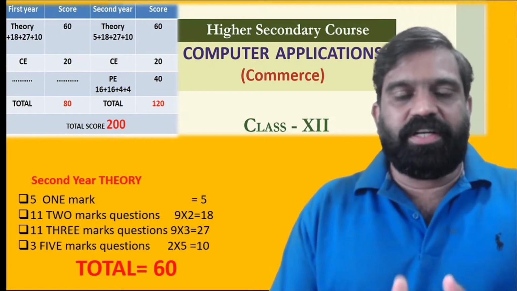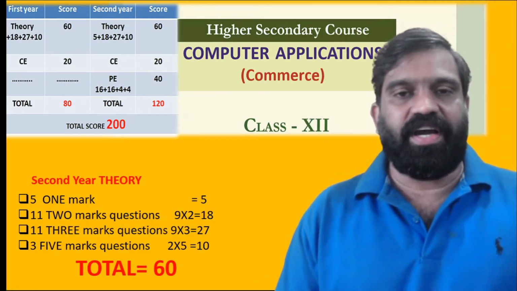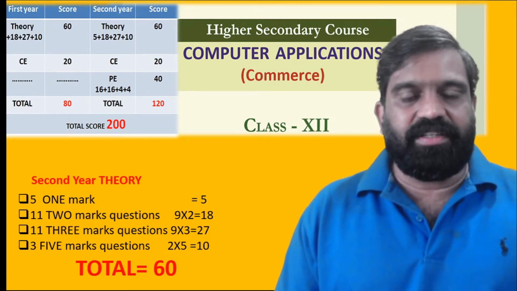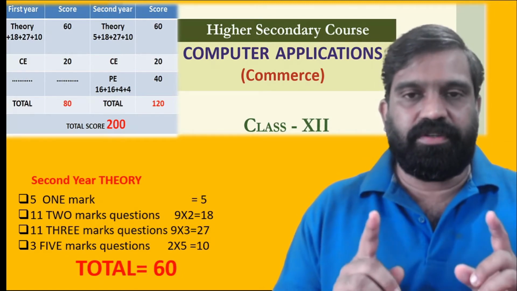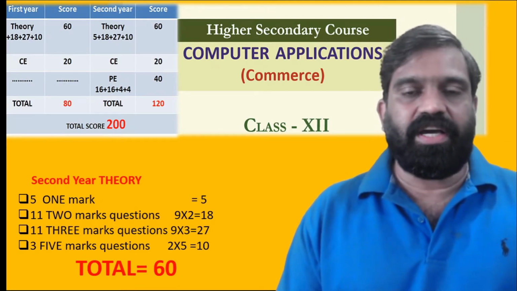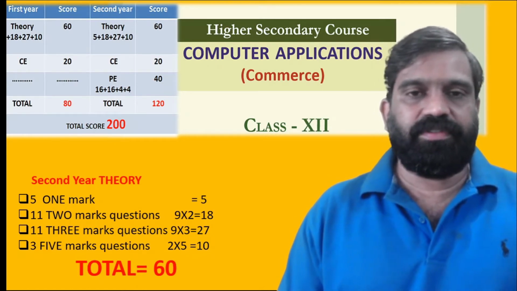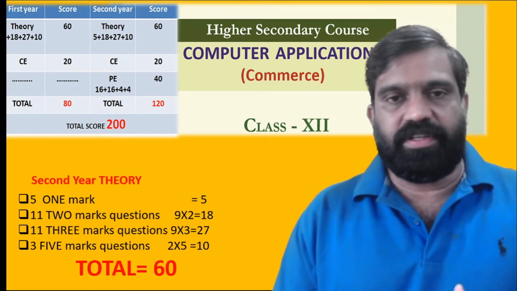See the mark denomination of computer application. For first year 80 and for second year 120. For second year, among 120, 64 is theory, 24 CE and 44 practical examination. Let us come to the second year theory examination.